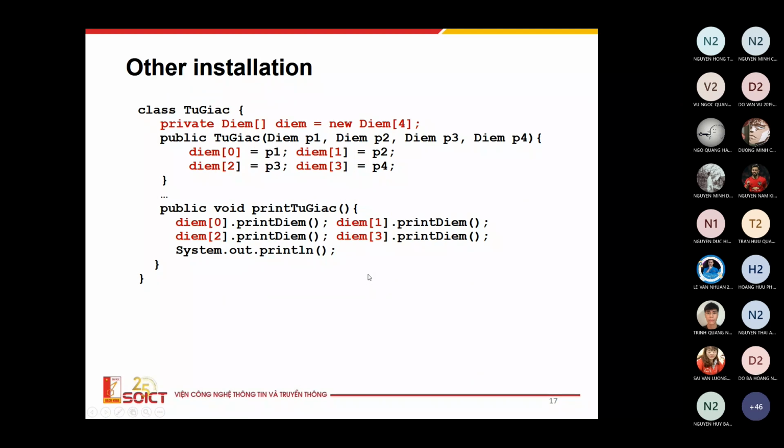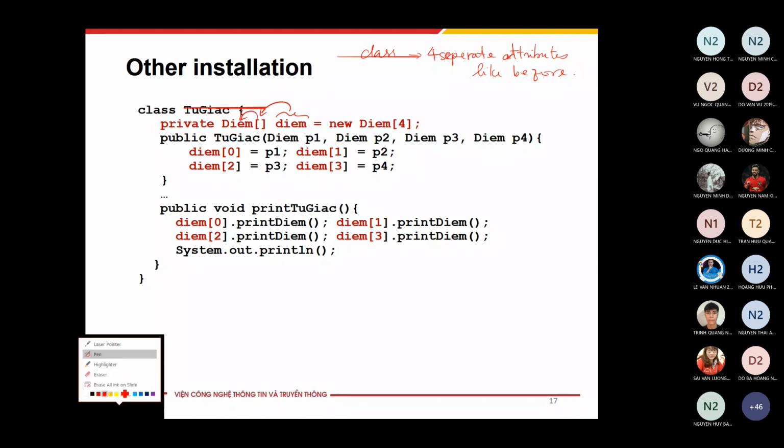Okay, and here you have another implementation for this class. You can create the class with 4 separate attributes like before. Or you can create one attribute only, which is an array of them.